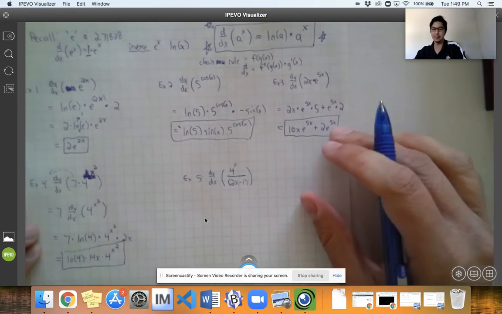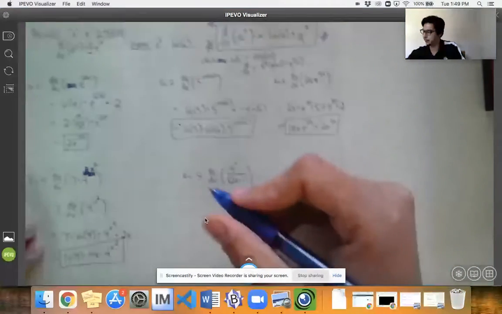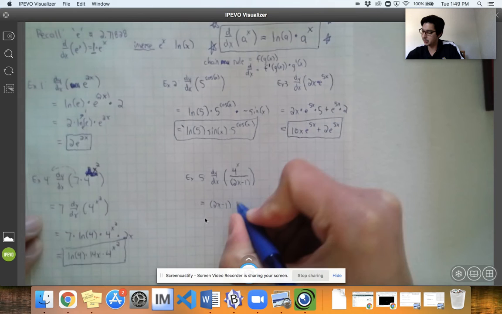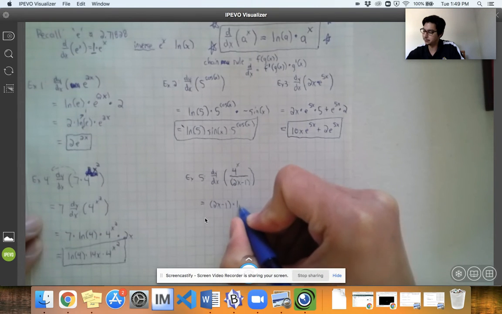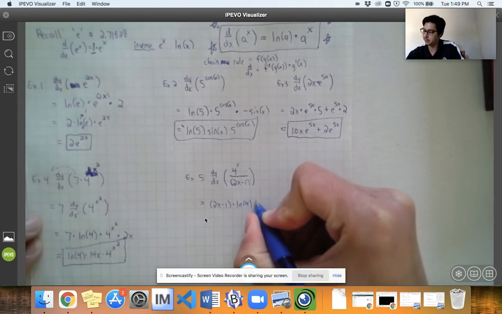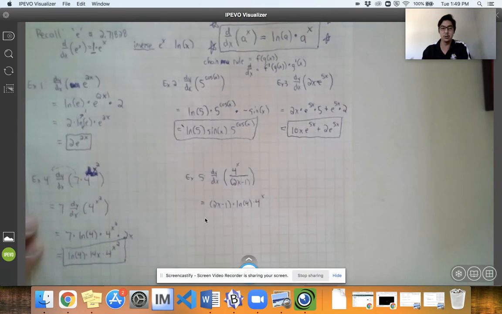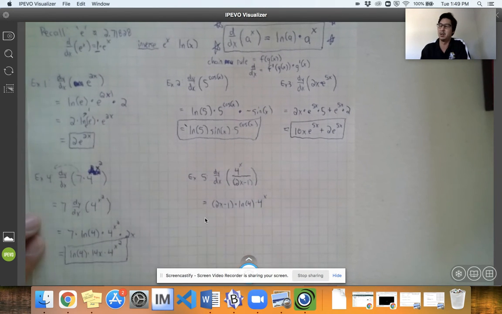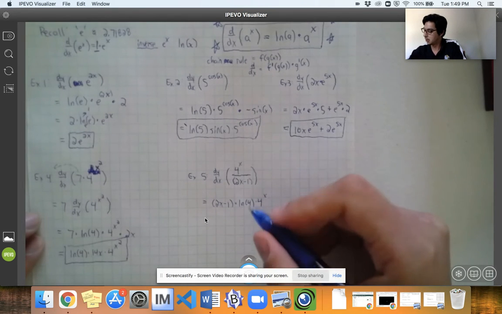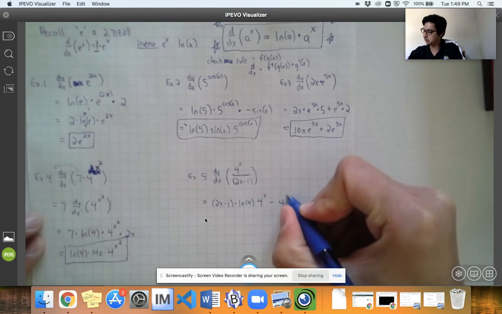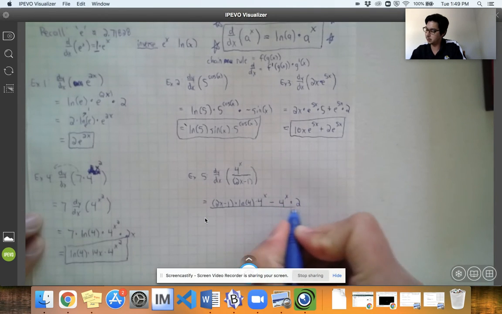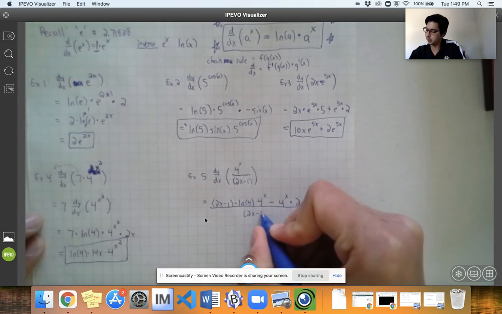And then my last example, just as a reminder of quotient rule, we would have here the bottom times the derivative of the top, which would be natural log of 4 times 4 to the x, in which you could do chain rule still. What's the derivative of x? That's just 1, but we don't need to write that. Minus the top times the derivative of the bottom, all over the bottom squared.